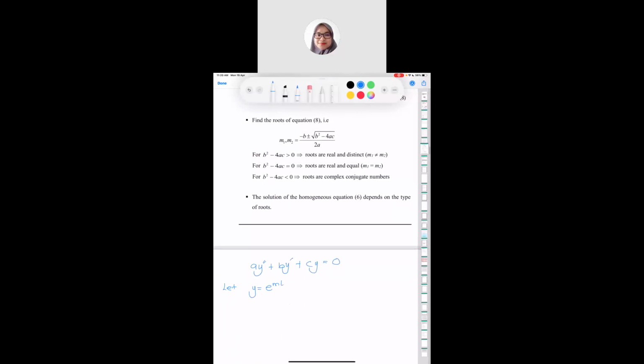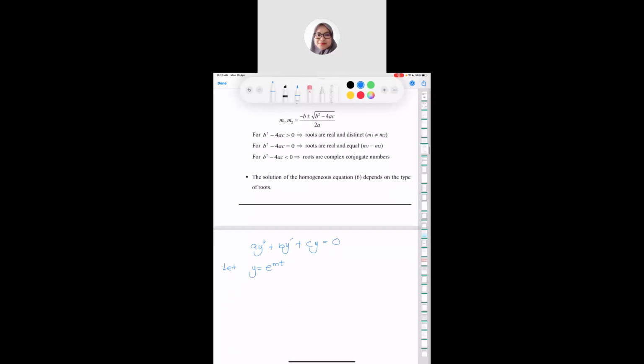Kita differentiate sebab kita ada substitution, kita differentiate dia, masukkan dalam equation. So we have to differentiate twice. Differentiate this one, y' = m e^(mt), and then y'' I have m squared e^(mt). Then substitute this one into the first equation.